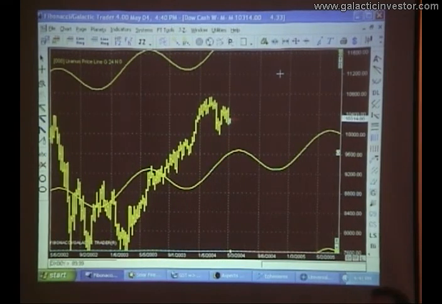So on a weekly, monthly chart, and your longer term charts, I like to use factor 0, Eric, because that puts the lines how far apart? In this case, they're 2,400 points apart, 2,400 points apart.